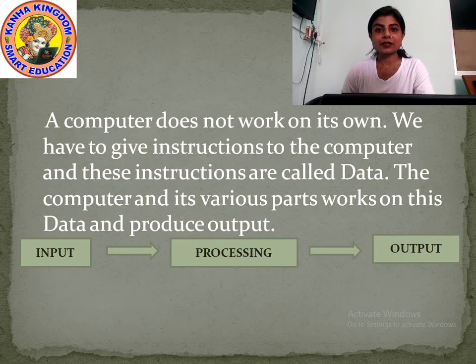After that, the computer parts process the data we have given to give us the result, that is, output. So this is the working of a computer.